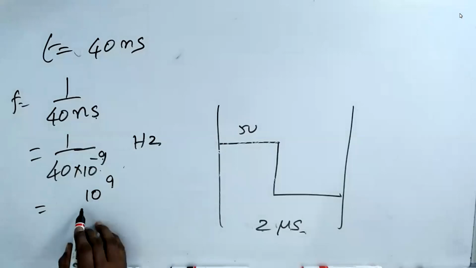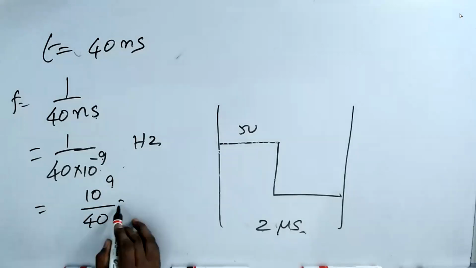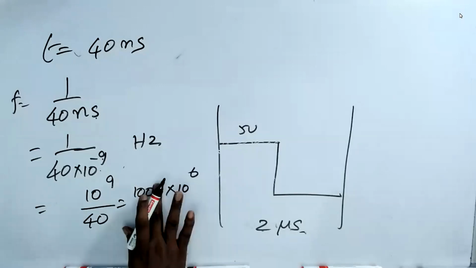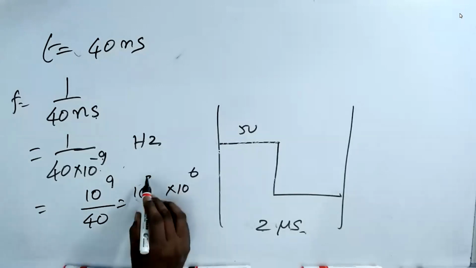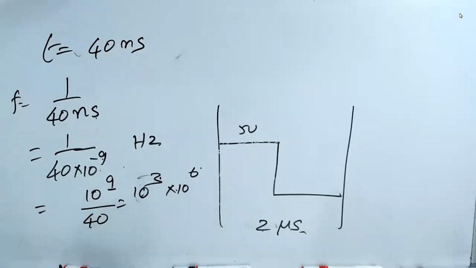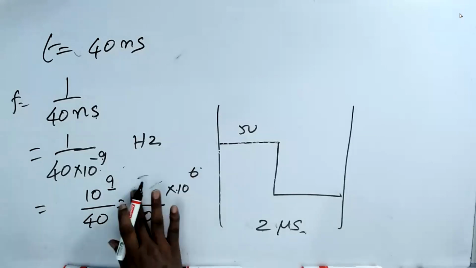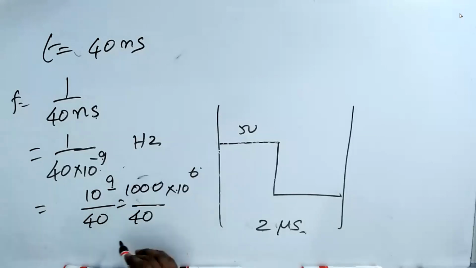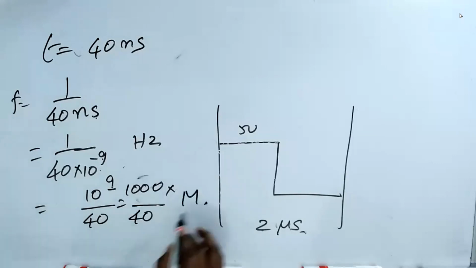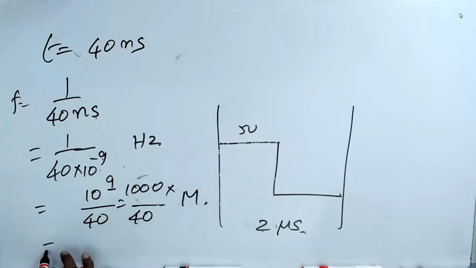You split the 10 power 9 into 10 power 3 into 10 power 6, by 40. Now 10 power 3 means 1000, and 10 power 6 is mega. Am I right? So 1000 by 40 is 25 megahertz.